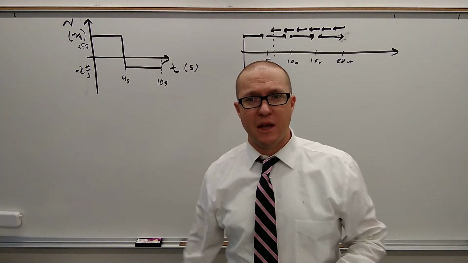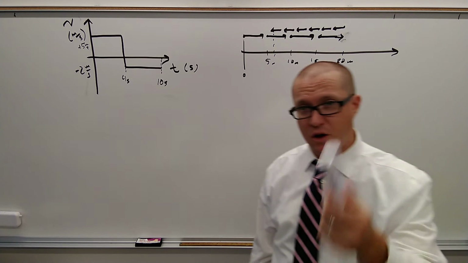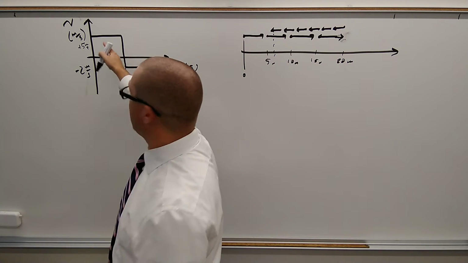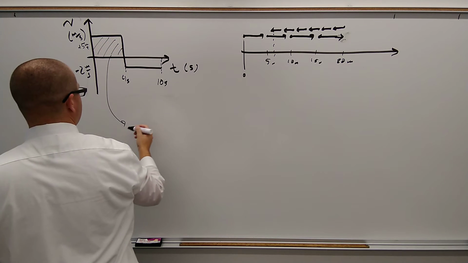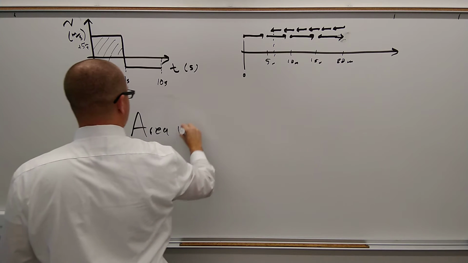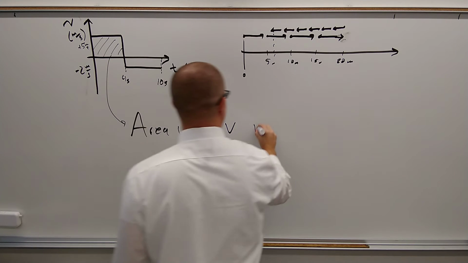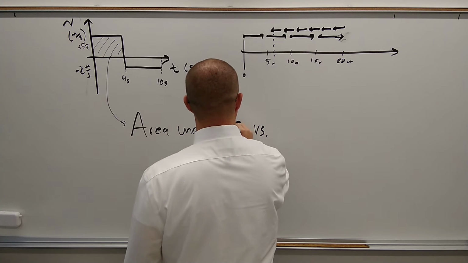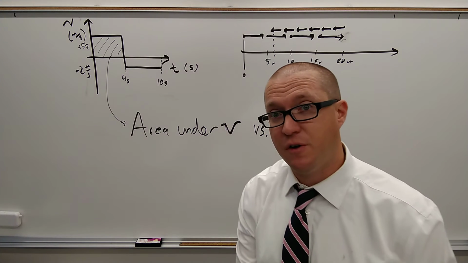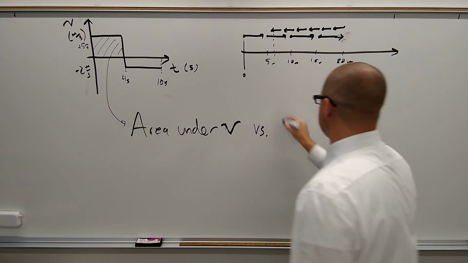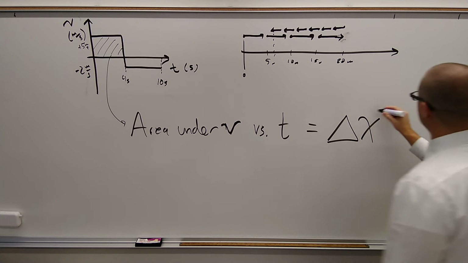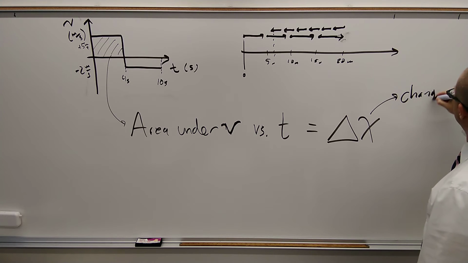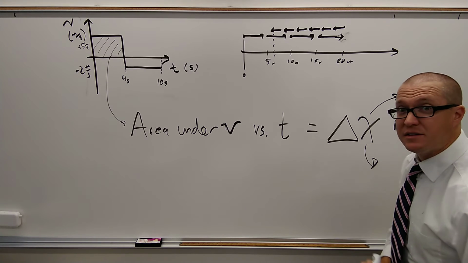You could think through it that way, or you can use the graph. The area under the curve of velocity versus time is delta x, the change in position, which is also defined as displacement.